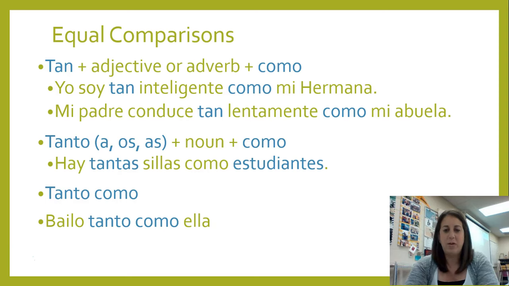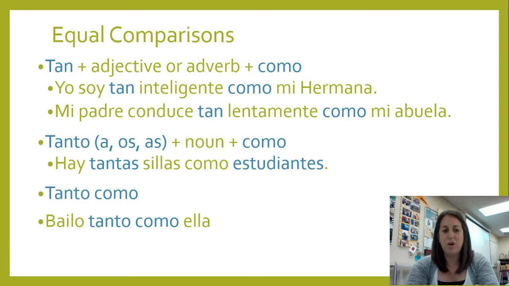And then if we're talking about nouns, if we're talking about items, then that tanto has to agree. So for example, in looking at that example, hay tantas sillas como estudiantes, we're talking about sillas, right? So we're going to use the word tantas so it agrees. And then tanto como is what we're going to use with the verb, or an action.